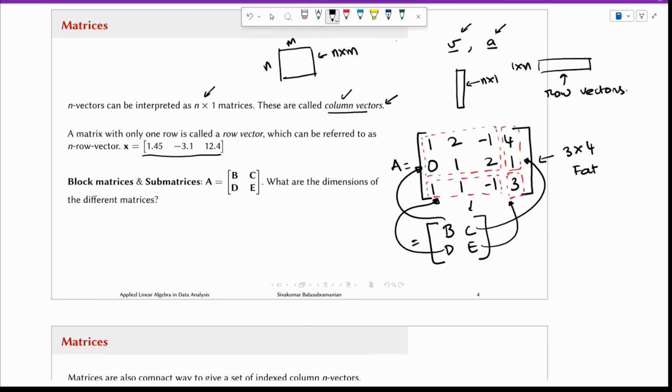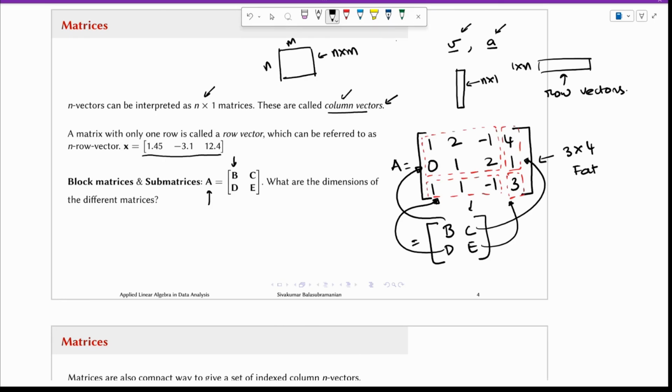The only requirement is, whenever you write things like this, and you write a matrix whose components are also expressed as matrices, we say this is a block matrix representation. So here we say A is a block matrix. That simply means that we are writing A as a rectangular arrangement of matrices themselves.